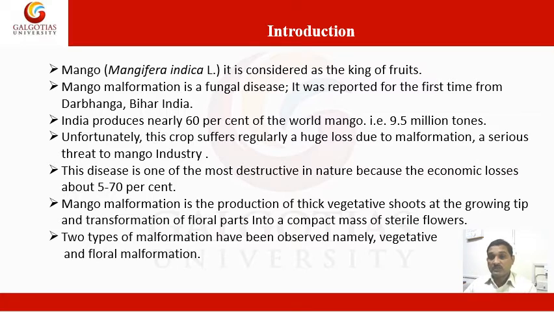Mango malformation is the production of thick vegetative shoots at the growing tip and transformation of the floral parts into compact masses of sterile flowers. Two types of malformation have been observed, vegetative malformation and floral malformation. Now we will study the vegetative and floral malformation in detail.